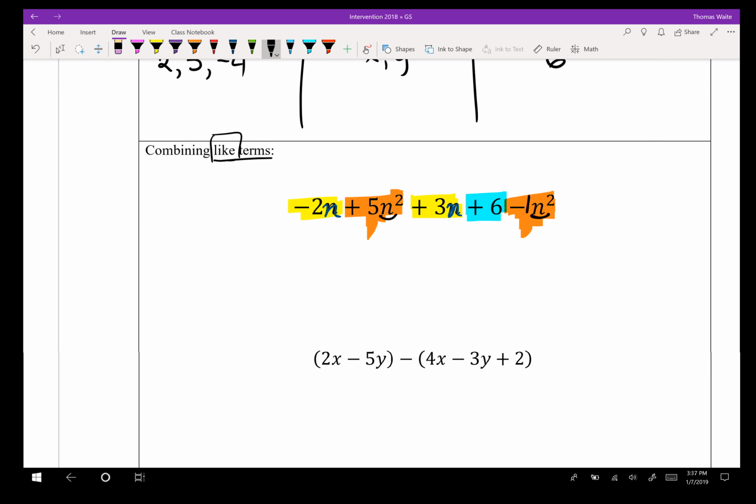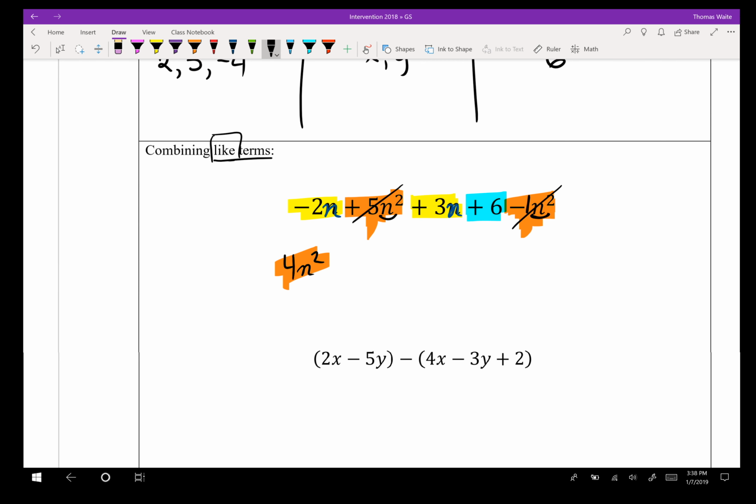I take away one of them, that leaves me with just 4. 5 take away 1 is just 4. So there's 4 n squareds. So we've taken care of the n squareds in our expression, and we've combined them into just one term. And I'm going to write 4n squared. I'm going to highlight that in orange so we can see the color.